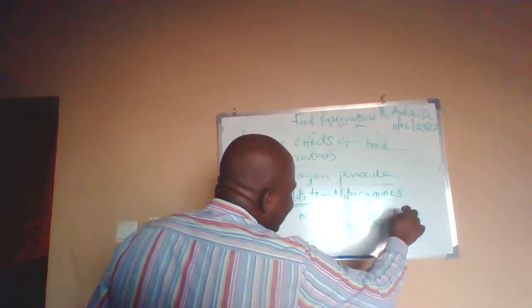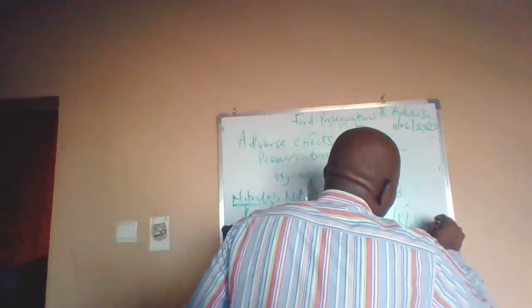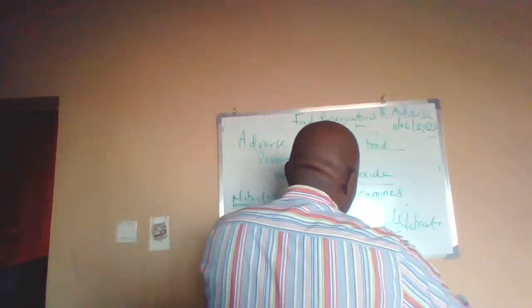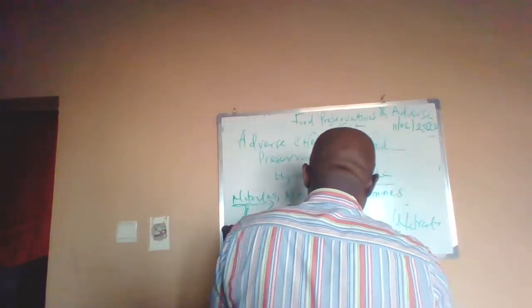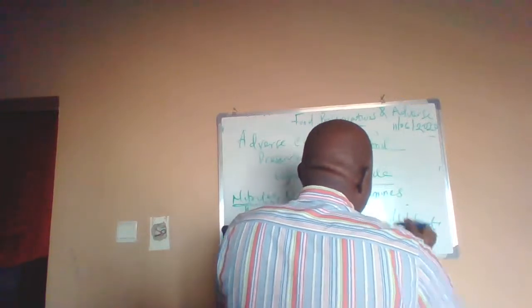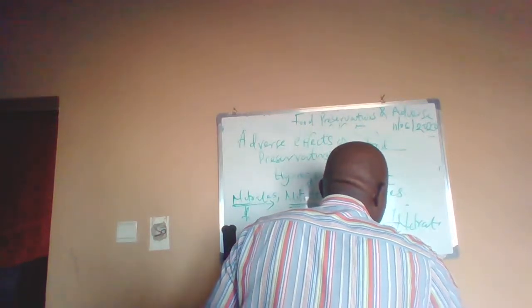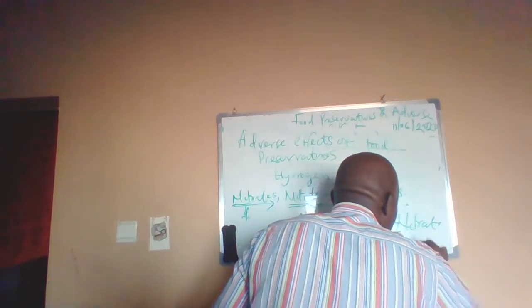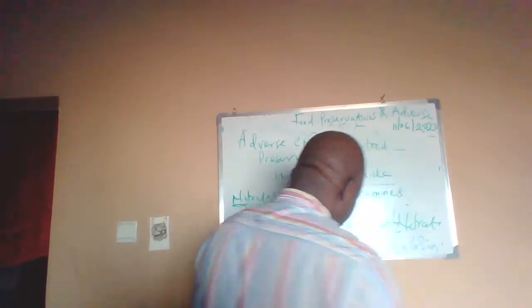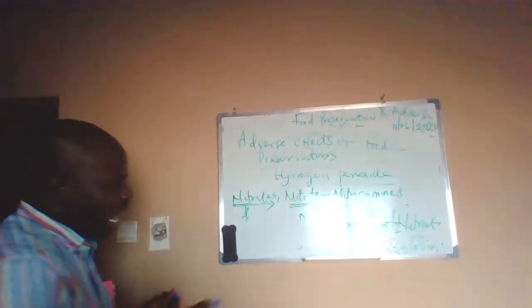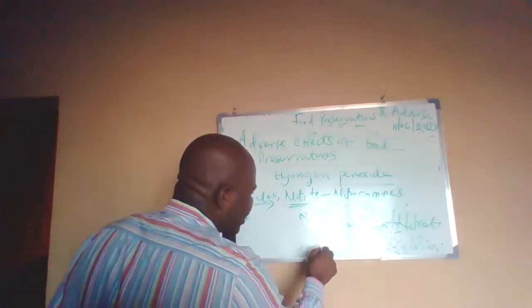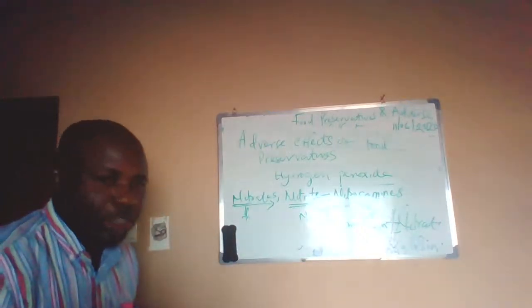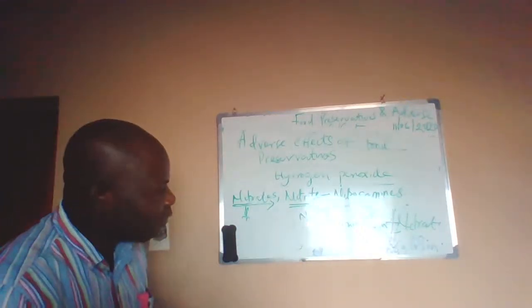So hemoglobin plus nitrite substance will produce what we call methemoglobin. And this will prevent oxygen tissue perfusion.